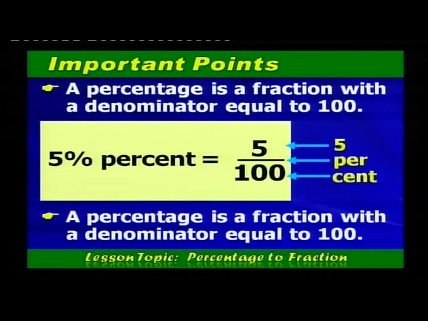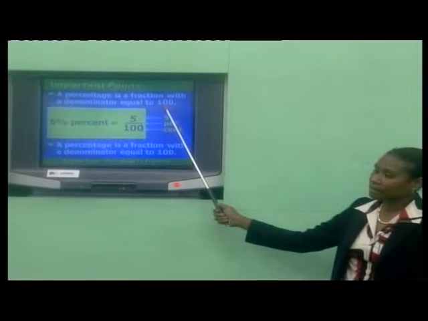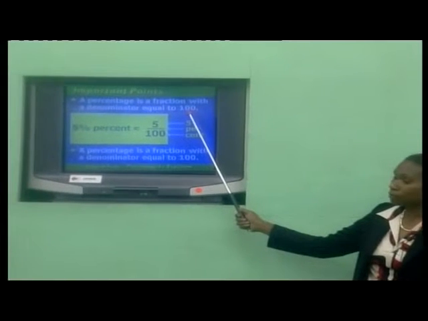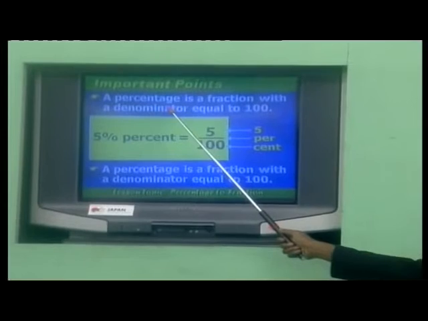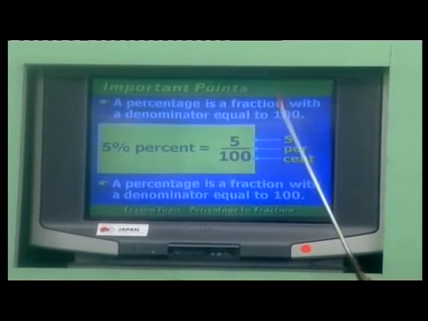It can be written as what is shown here. 5% can be written as a fraction, 5 over 100, like what has been said in the first statement. 100 is always the denominator when we are talking about percentage.